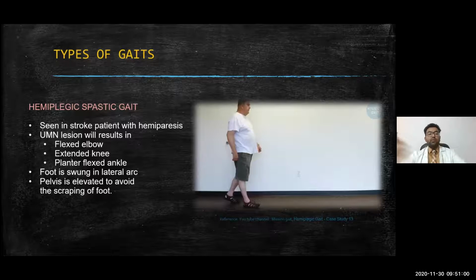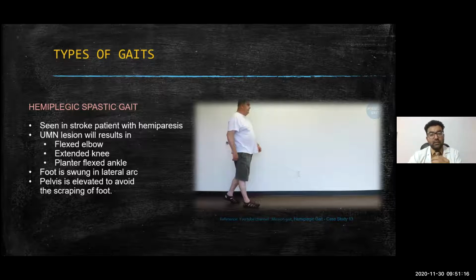So now we will discuss what types of gaits there are. The first one is the hemiplegic spastic gait. Usually we find this gait in a stroke patient, which leads to hemiparesis.